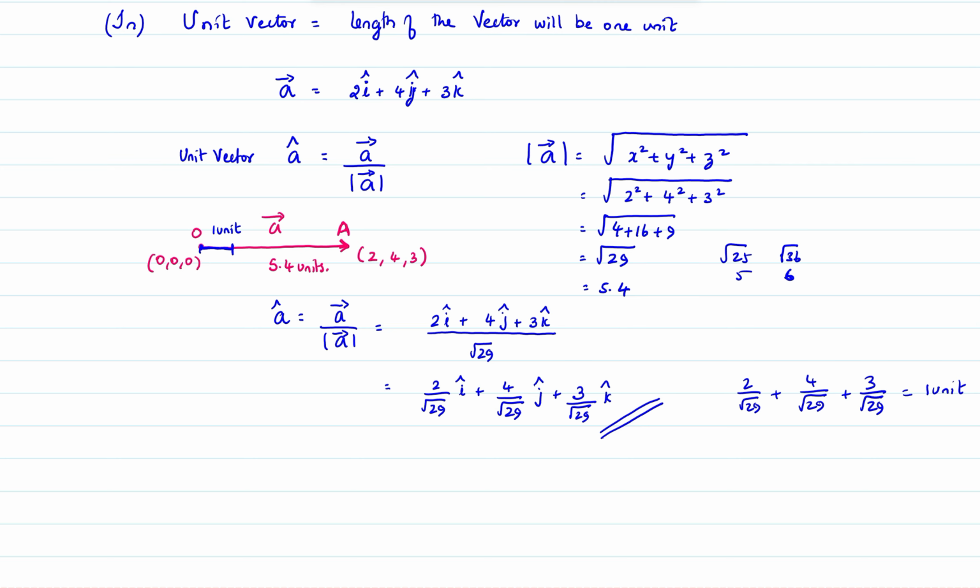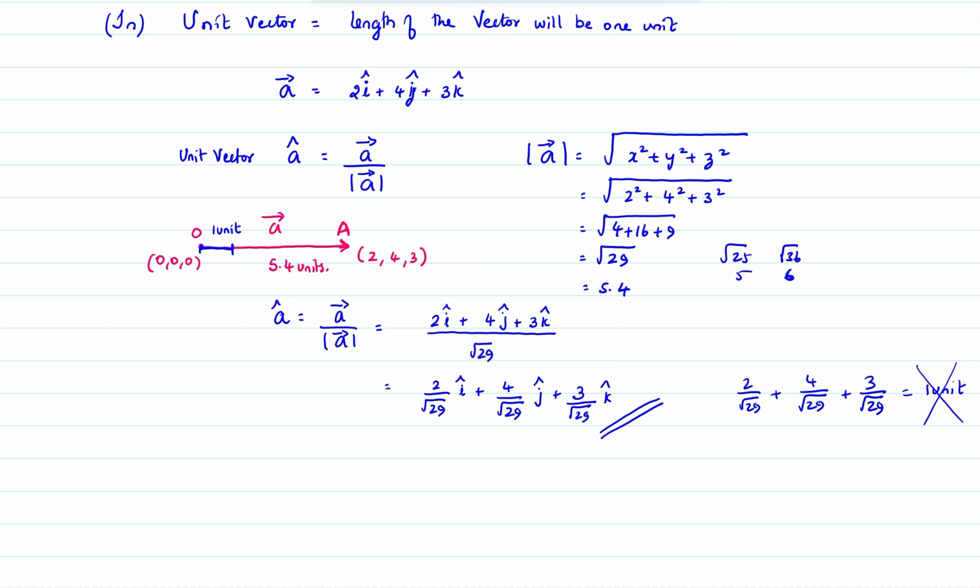No, we will not get, because if you solve this, you are only going to get the distance at which you will be moving in i direction, j direction and the k direction. Basically these are the coordinates of unit vector, and so this will not be equivalent to 1 unit.